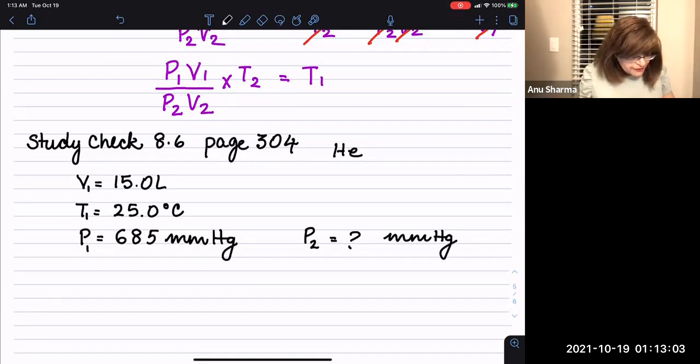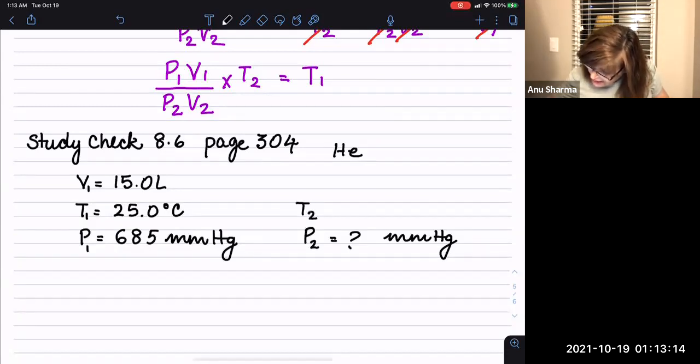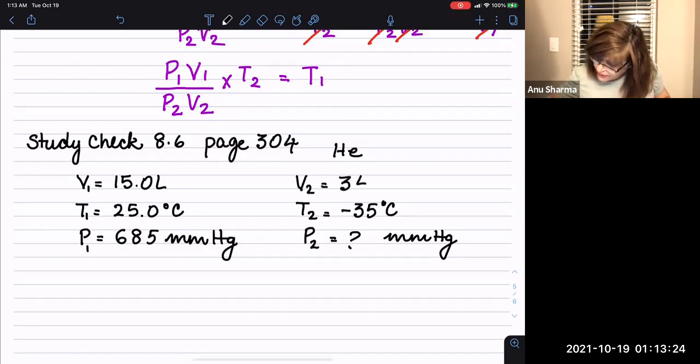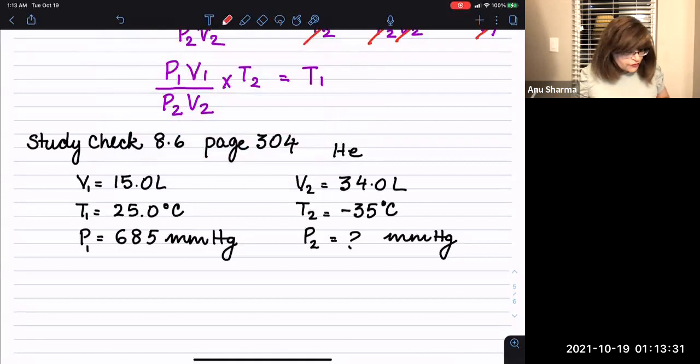What is the pressure in millimeters of mercury of the helium in the balloon in the upper atmosphere when the temperature is negative 35 degrees Celsius? So T2 is negative 35 degrees Celsius, and the final volume V2 is 34.0 liters. As usual, you are going to first convert.